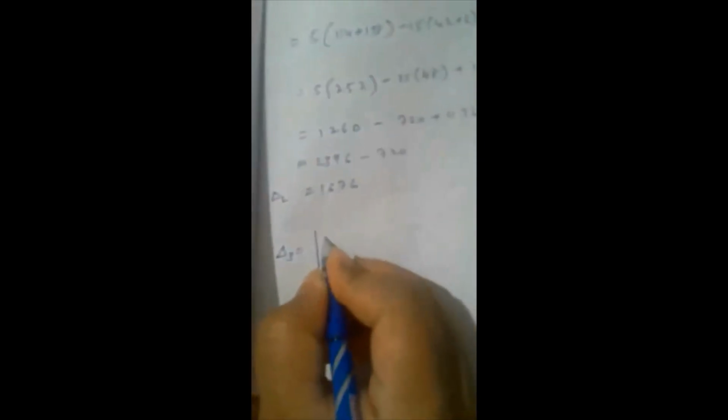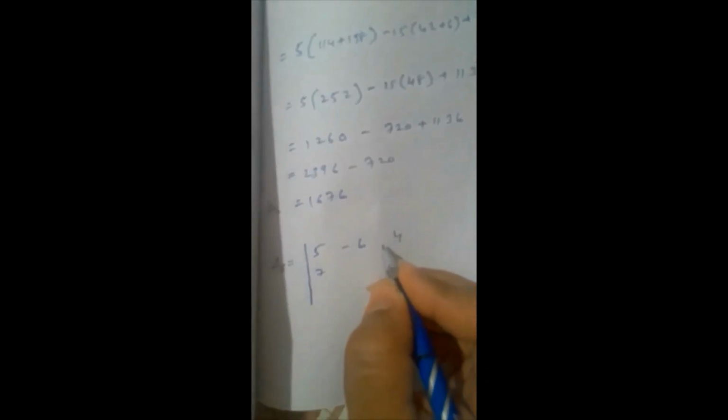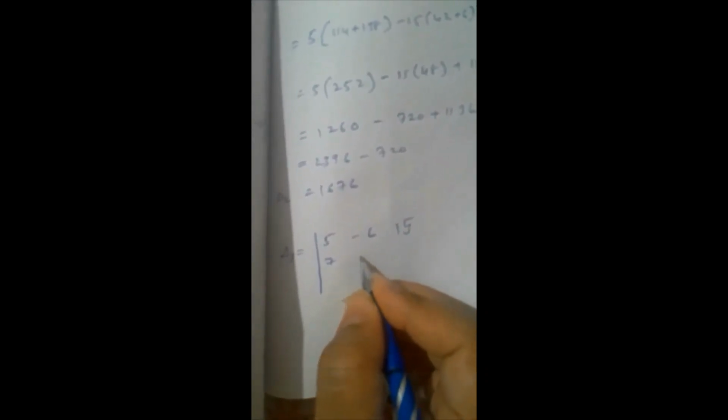The remaining columns will be as they are. So it will be 5, minus 6, 15, 7, 4, 19, 2, 1, 46.